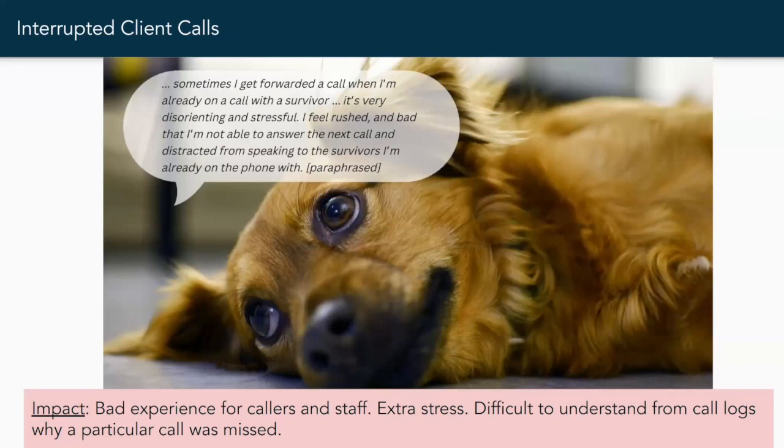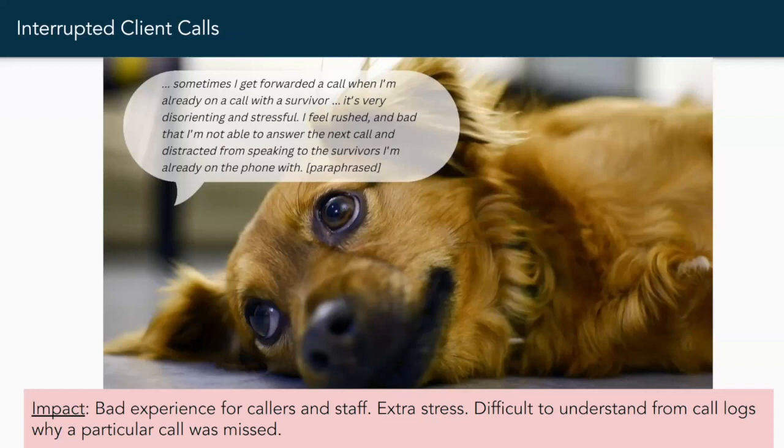That can lead to a bad experience for callers and staff, and just some extra stress for staff. It can also make it more difficult to track down what happened when a call was missed due to an advocate being already on the phone with another survivor. So that can be another challenge that we can talk more about as well.